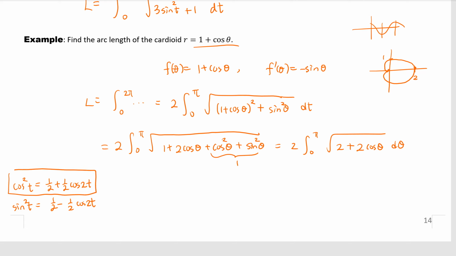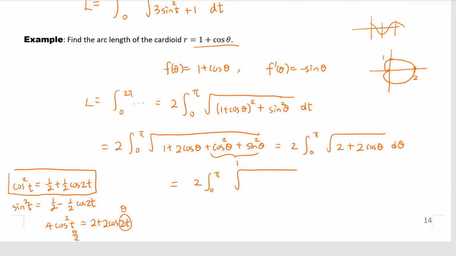And because we have 2 plus 2, let's multiply both sides by 4. We have 4 cosine squared t equals 2 plus 2 cosine 2t. Now compare. 2t is theta, then t is theta over 2.